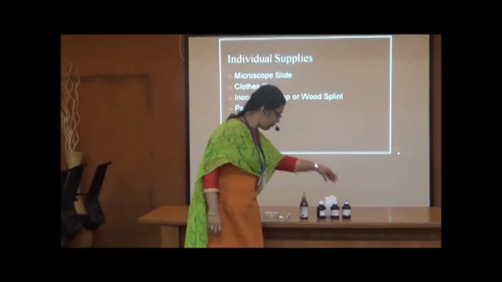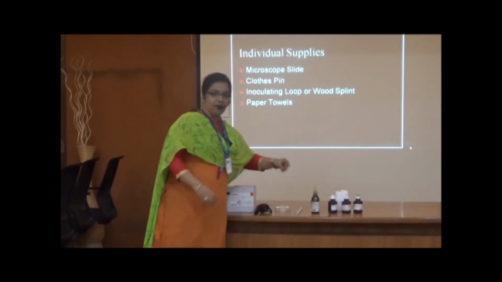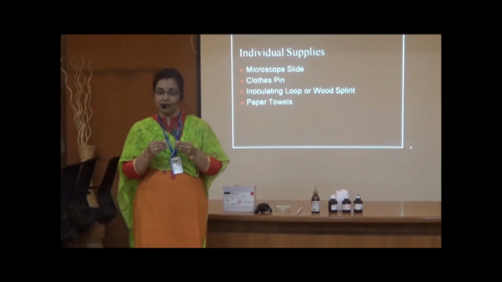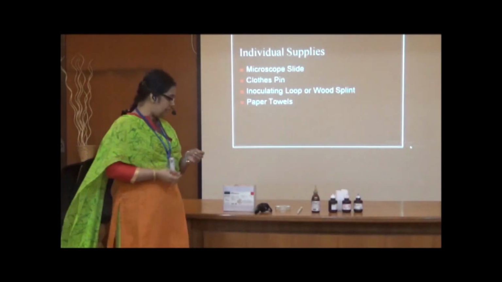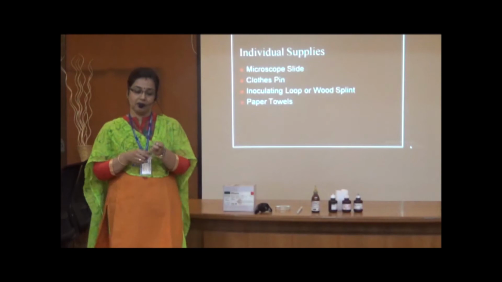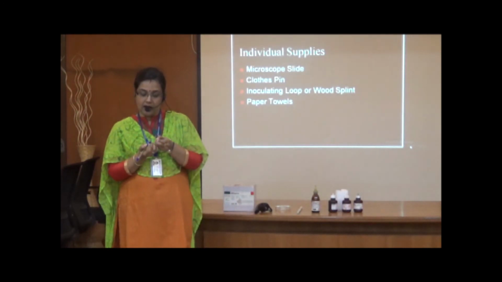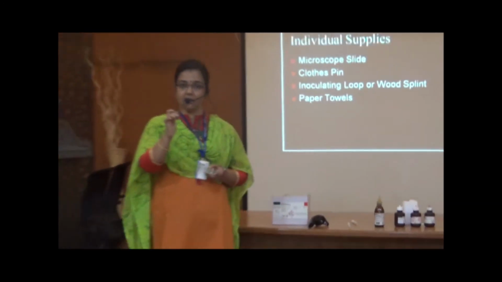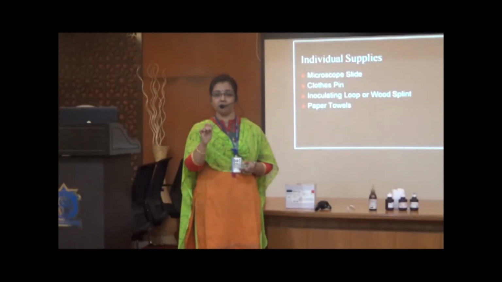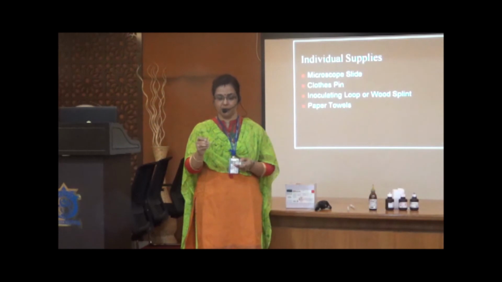For gram staining, at first we take a glass slide and clean the glass slide properly. And then with a pen, we mark a circle under the slide to locate where the smear is prepared. We take the loop. Using this, we collect the culture from the plate.